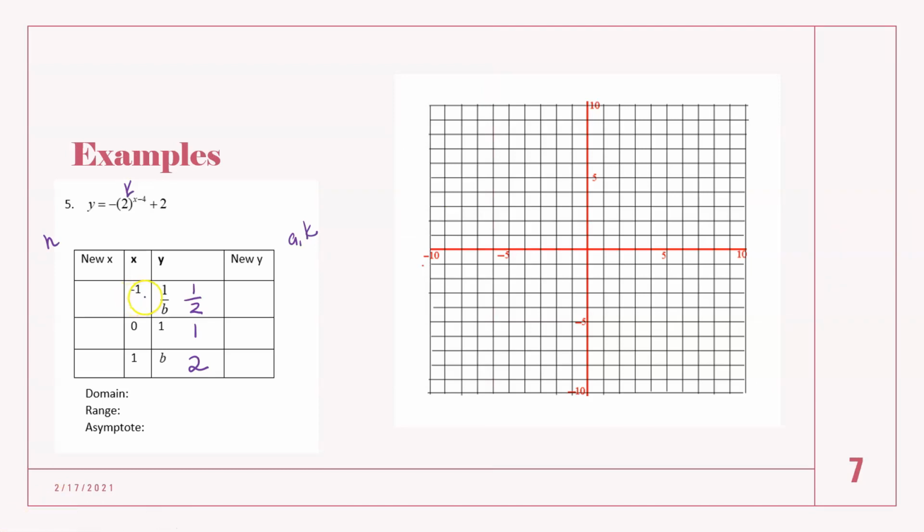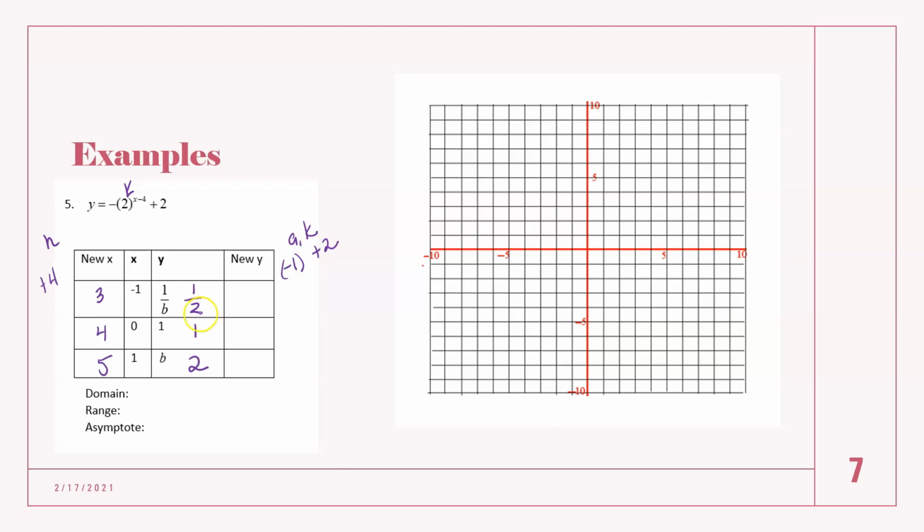So -1 plus 4 gets me to 3. 0 plus 4 is 4. 1 plus 4 is 5. Let's see. I have an A of -1, so we're going to multiply by -1, and K, so we're going to add 2. So lots of stuff going on here.